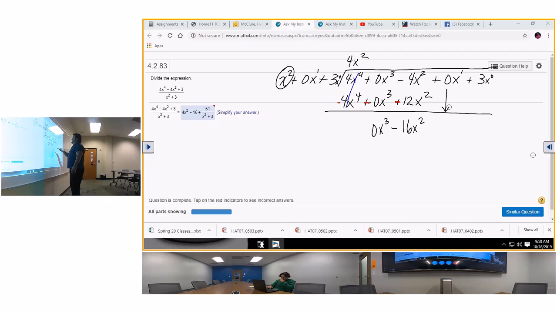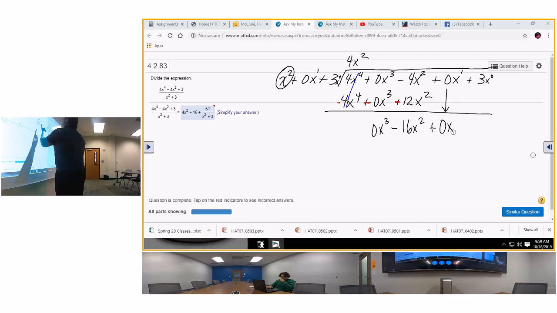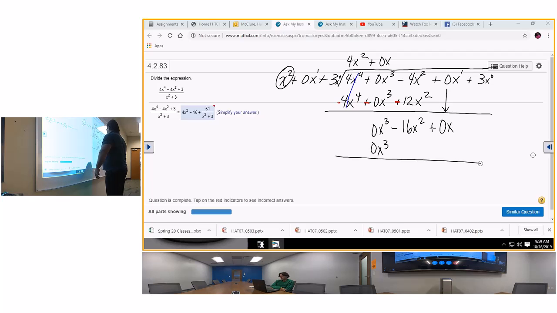And the 0x comes down to help out. How many times will x squared go into 0x cubed? 0x. 0 times x is 0x cubed. 0 times everything is 0x. You can add squares if you want to, but it's not going to make any difference.